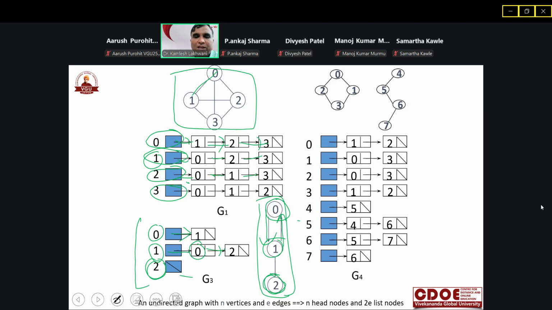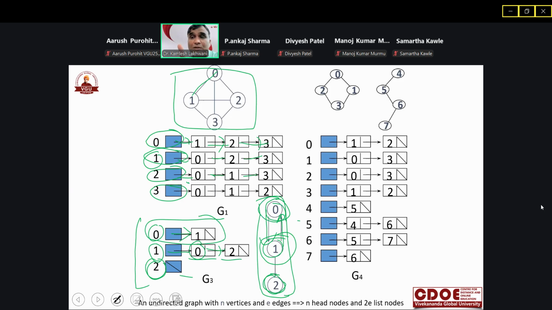The out degree of node 1 was 2. So 2 nodes are over there with the node 1. The out degree of 0 was only 1. So in this linked list, 0 and 2 nodes are available.